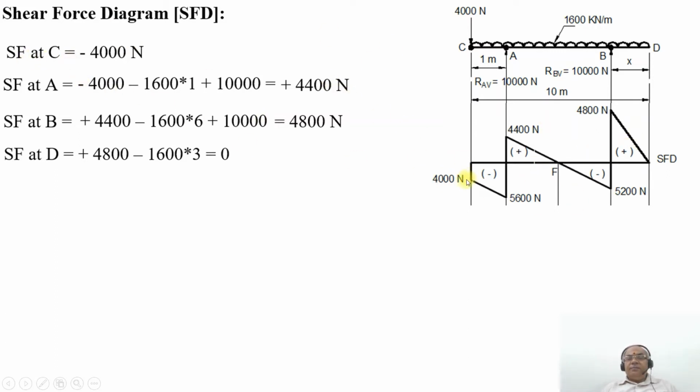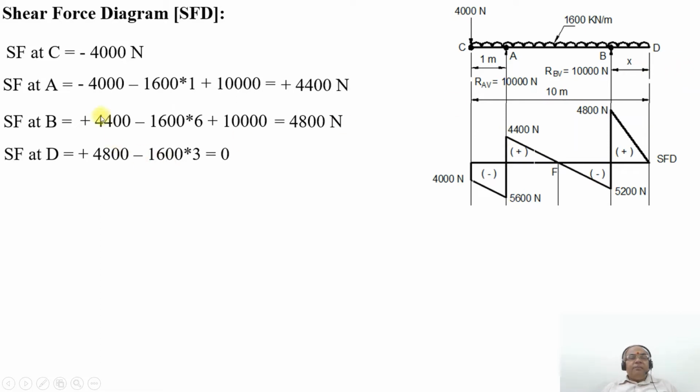So SF at C will be minus 4,000 Newton. Between C and A, minus 4,000 minus 1,600 into 1, so it varies from minus 4,000 Newton to minus 5,600 Newton. It jumps up at the point A due to the point load of 10,000, increasing from minus 5,600 to plus 4,400.